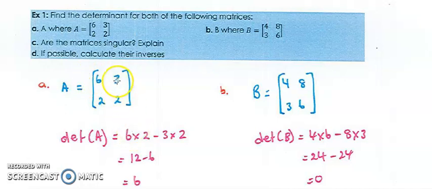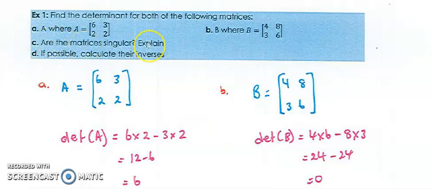Get position B and C, multiply, and find the difference. 6 times 2, 12. 3 times 4, 12. Sorry, 12 minus 6, so 6 is your answer for the determinant. For B, same thing. 4, 8, 3, 6. Multiply 4 and 6. Multiply 3 and 8. Find the difference. In this case, the determinant is 0, as 24 minus 24 is 0.